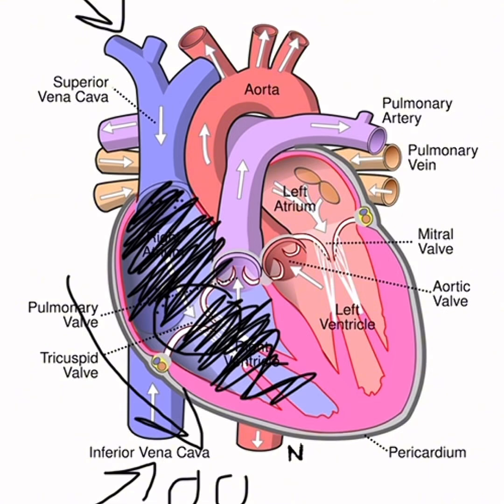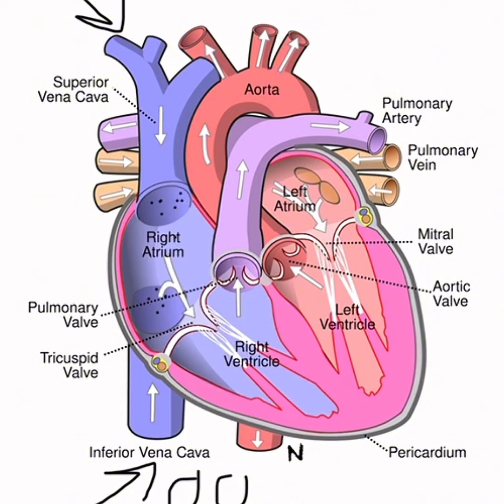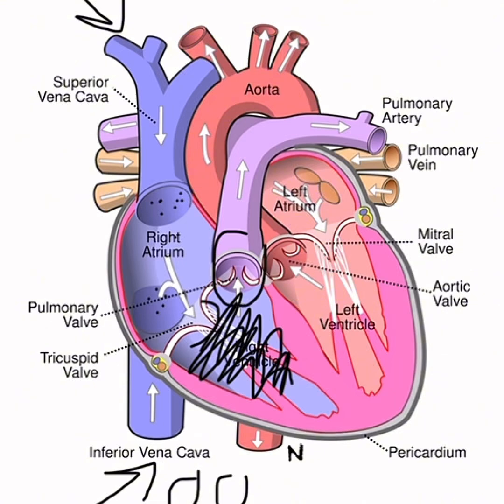And what will happen after that? So now the blood has moved from the right atrium and entered the right ventricle through the tricuspid valve. Now the blood will move through the pulmonary valve. This pulmonary valve will open, and the blood moves through the pulmonary artery.